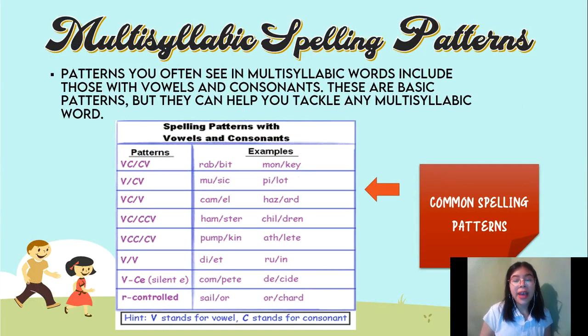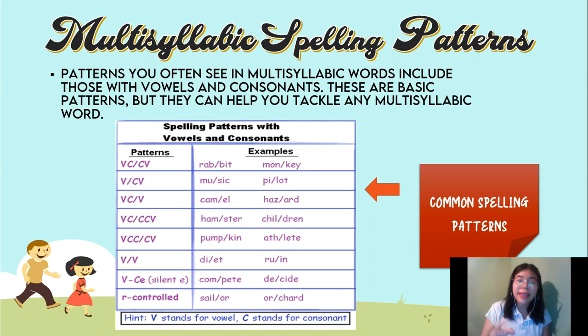Multisyllabic spelling patterns. Remember that a pattern is something that repeats constantly. Patterns you often see in multisyllabic words include vowels and consonants. It includes both, not only vowels or consonants. These are basic patterns.